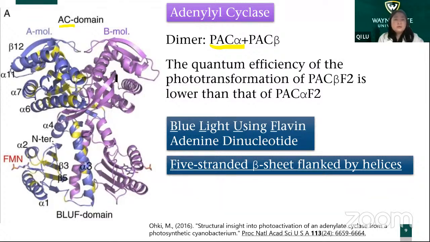There's a tongue that's inserted here, and the linker, and this part is the domain that binds the chromophore FMN. The upper part is the enzyme part, and this part is the light control, the light receptor part.